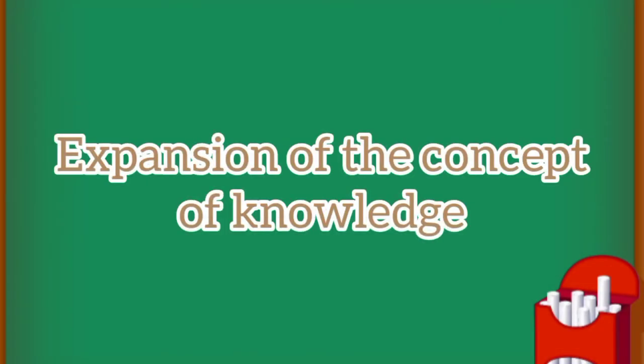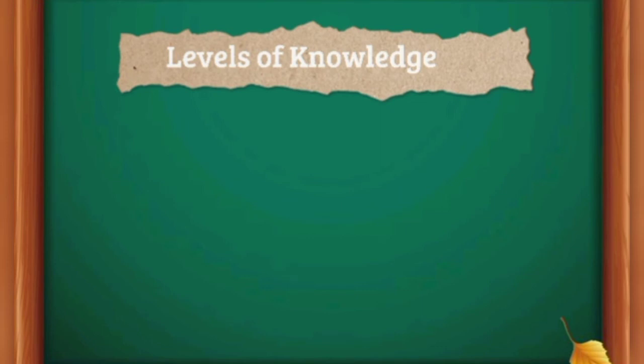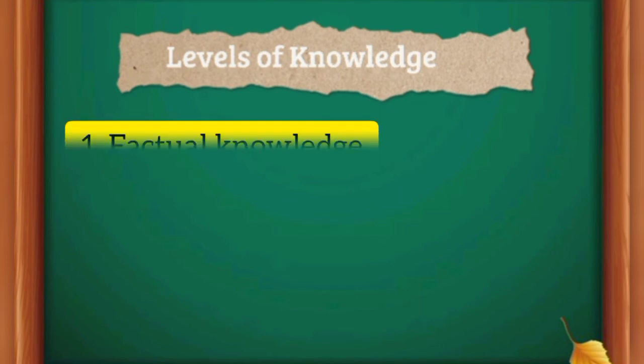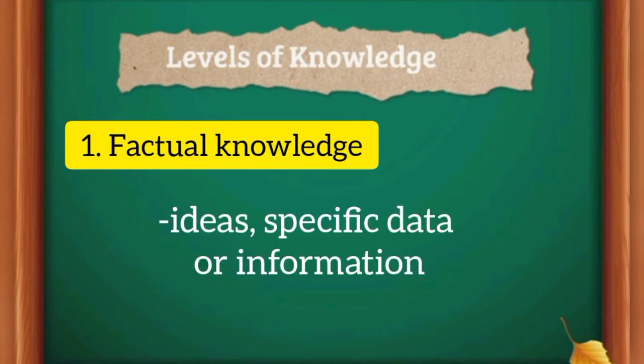Another revision is the expansion of the concept of knowledge, which was not given emphasis nor discussed thoroughly before. So we will now come to the levels of knowledge. The first one is factual knowledge. When we say factual knowledge, it is the ideas, specific data or information.